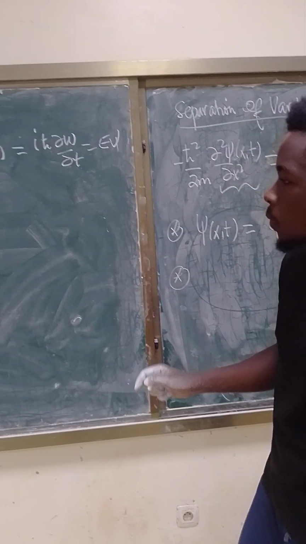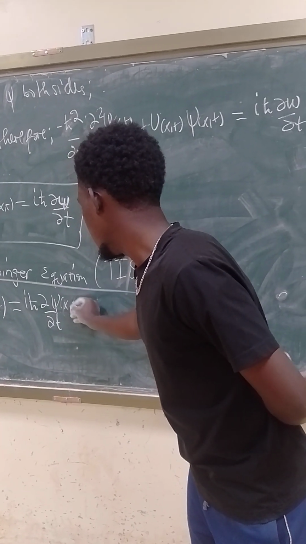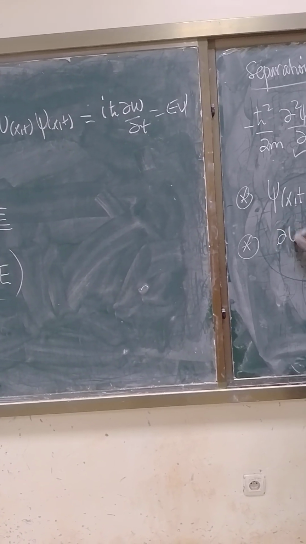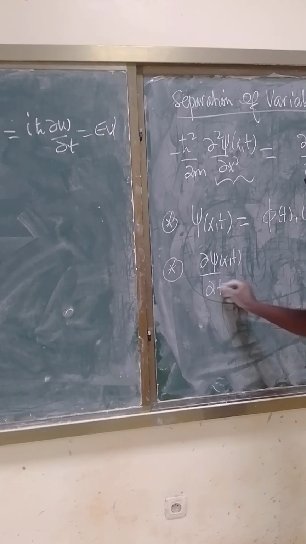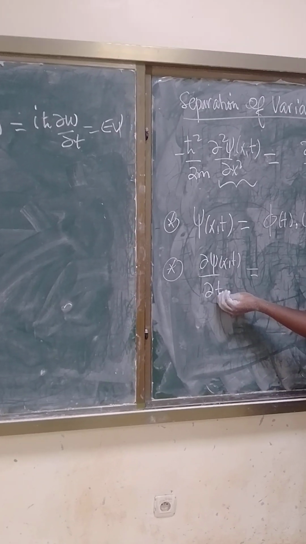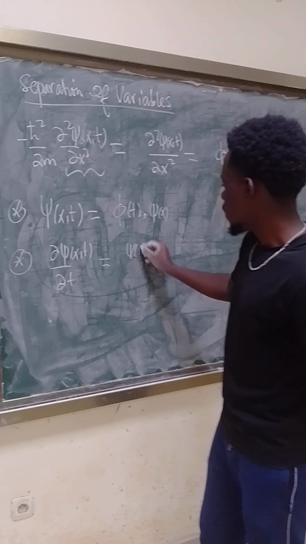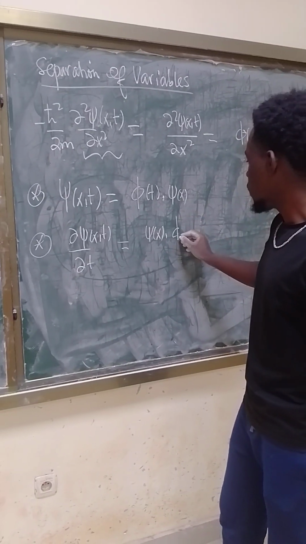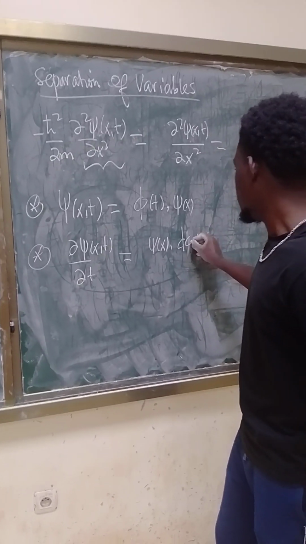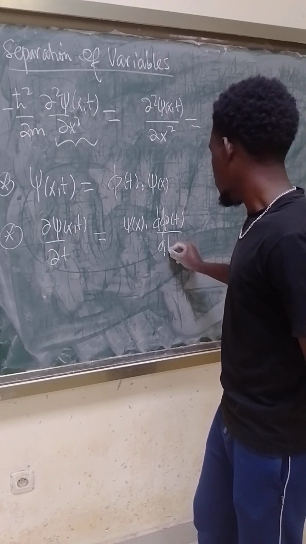And then also, here it is also x and t. Now if I have the derivative with respect to time, this is equal to, because now it is with respect to time, this x will be taken out as a constant, then I will have the function psi of x times the total derivative of phi, the function of time, with respect to time.